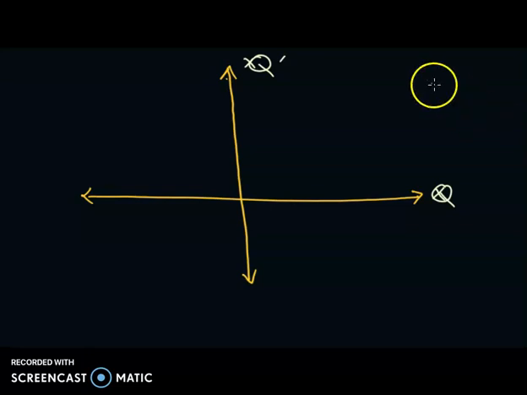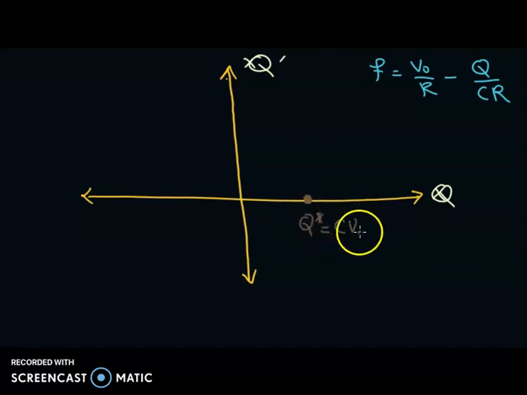The function was given by f equal to V naught over R minus Q over CR. We can realize that the function is negatively sloped, and its 0 is at q star, which is CV naught.